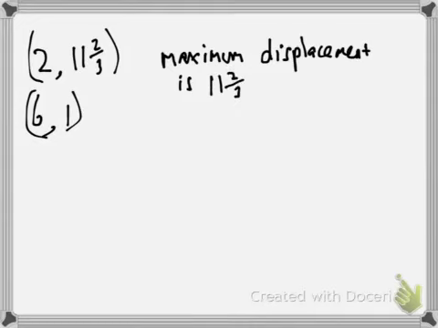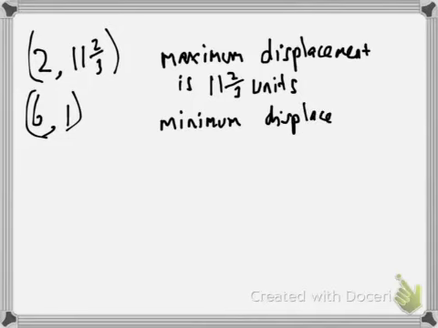Now, there are no units mentioned as far as metres or centimetres. So, in that case, what we usually do is just put units. So 11 and 2/3 units, and the minimum displacement is 1 unit.